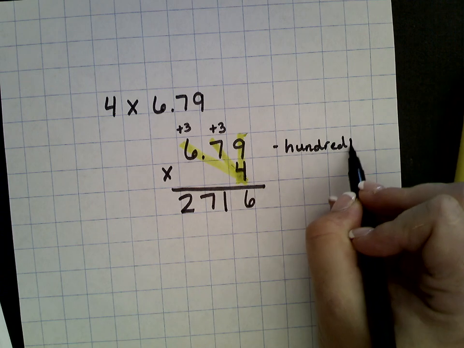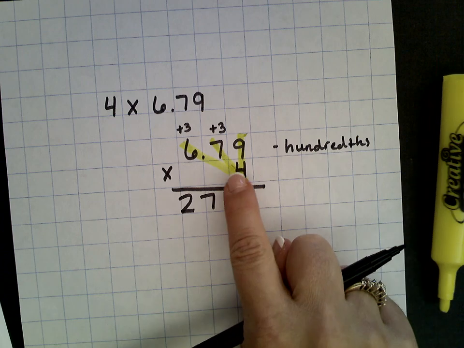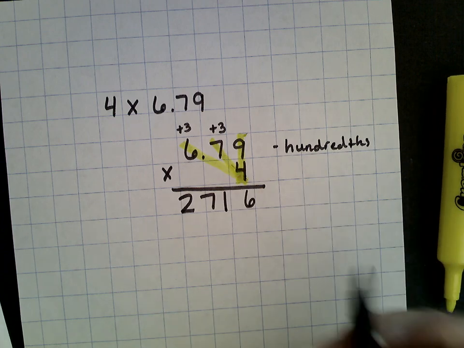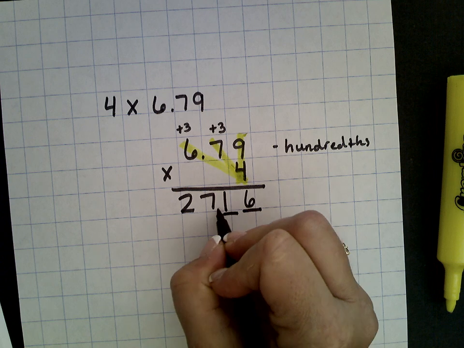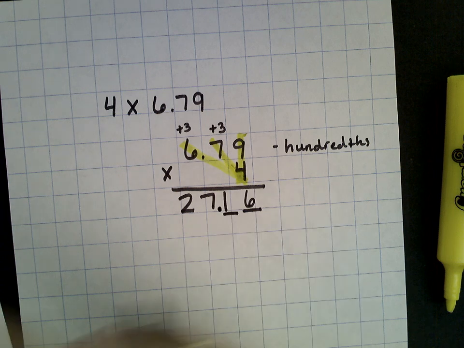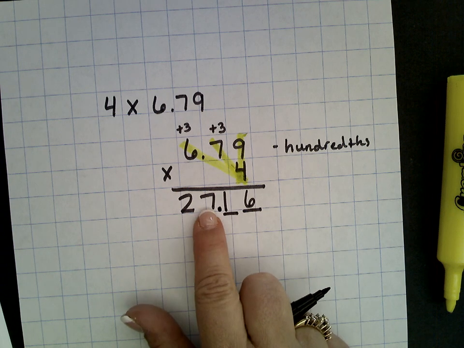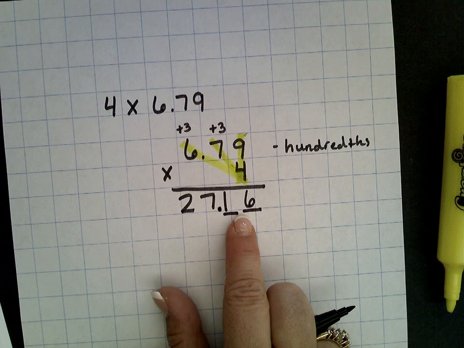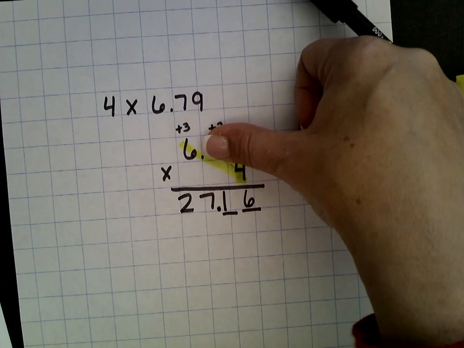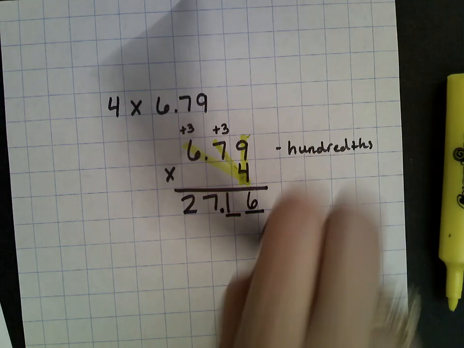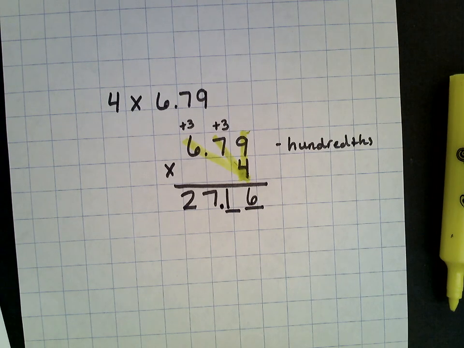So it has 2 places, hundredths. This one has no places, so that means I'm going to need 2 decimal places, hundredths and tenths. Right there's where my decimal goes. So my product is 27 and 16 hundredths. Remember what I said? 6 times 4 is about 24. Well, 27 is pretty close to that.